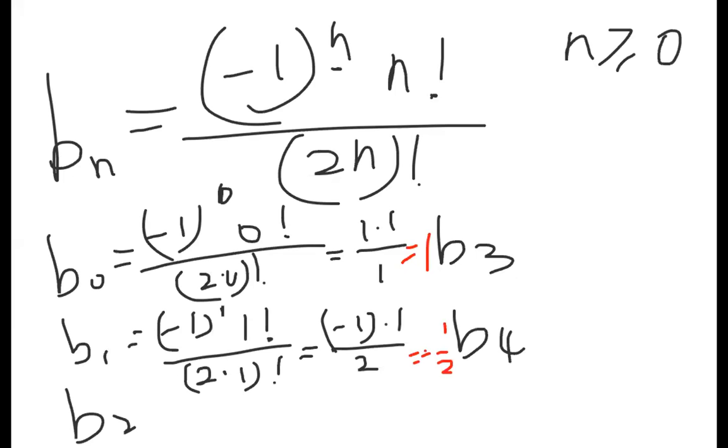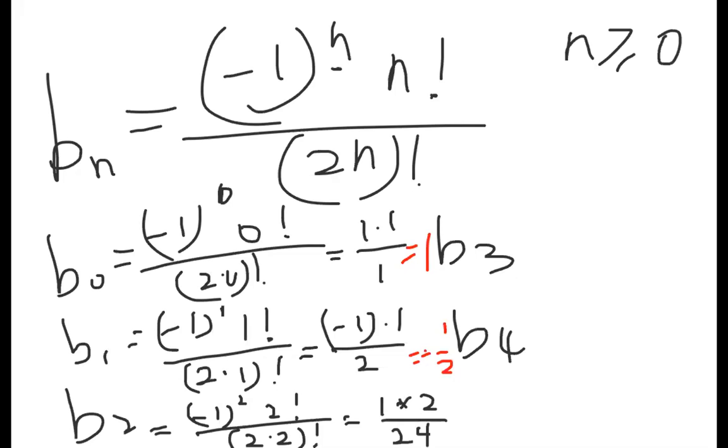For B2, -1 squared times 2 factorial over 4 factorial, which is 1 times 2 over 24. You simplify it to be 1 over 12.